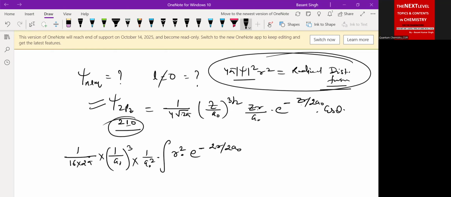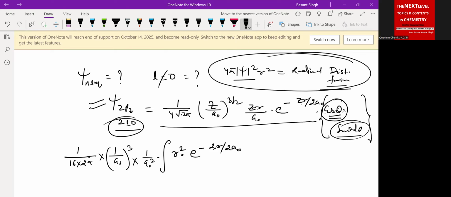By squaring this, z is 1, so squaring this is multiplied with 2. Now this is cos square theta. This cos square theta demands sin theta d theta, an extra term for theta. So we see this term later.